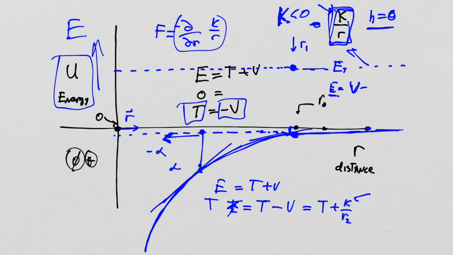The kinetic energy is the total energy, E minus V. Hold on. What? This is so easy. The total energy is the kinetic energy plus V. The kinetic energy is E minus V.